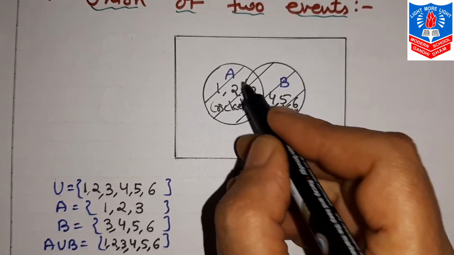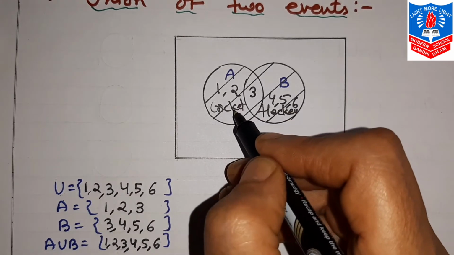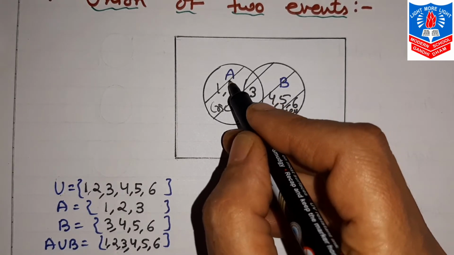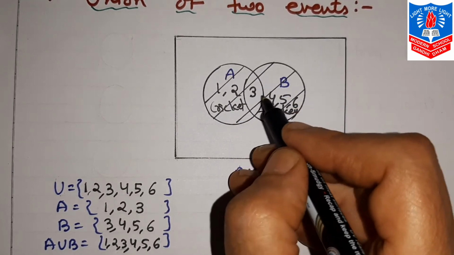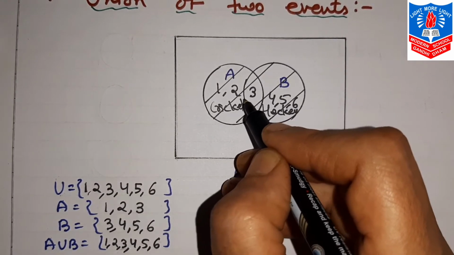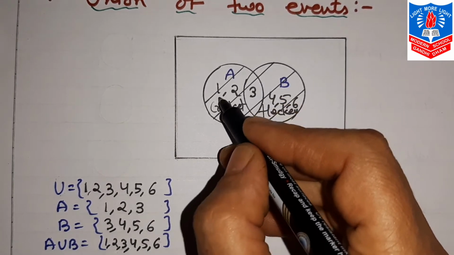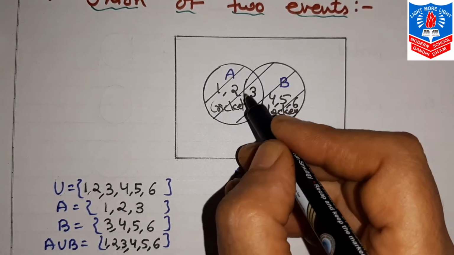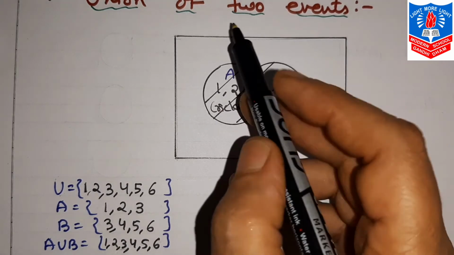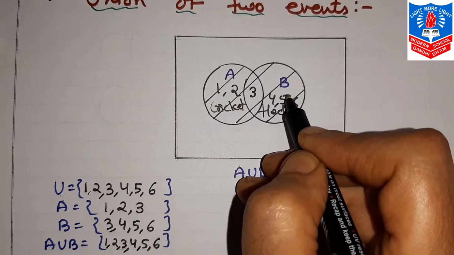Now because the boy is the same, if he plays only cricket, that is A only, because B is also a part of A only, so in that case, if that boy plays only cricket, then also it is called union of two events, because the boy is the same.